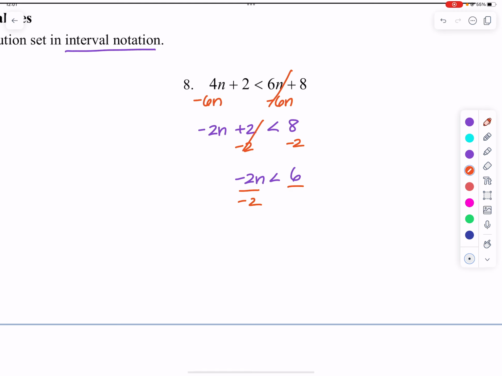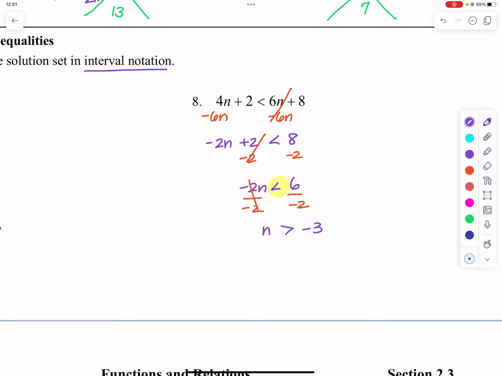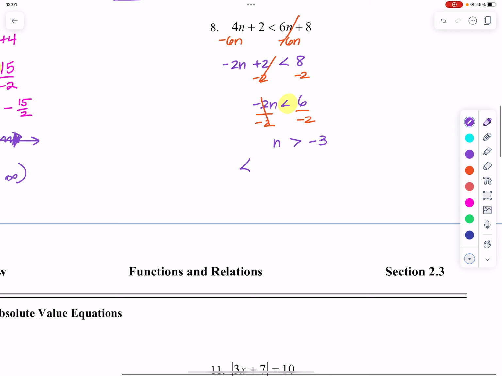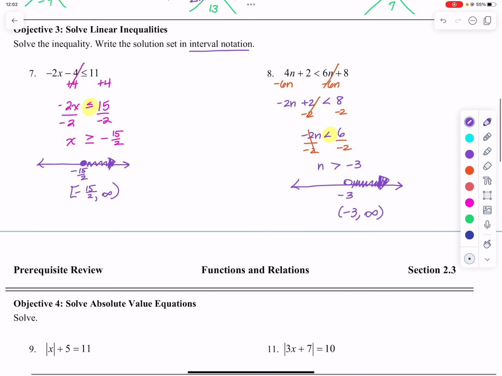And again, dividing by a negative, we are going to have to reverse that sign, and we end up with n is greater than -3. Let's go ahead and make a number line. Here's a -3. We have an open circle, and I meant to say n is greater than -3 because we reversed the sign. So there we have -3 all the way to infinity as our solution.